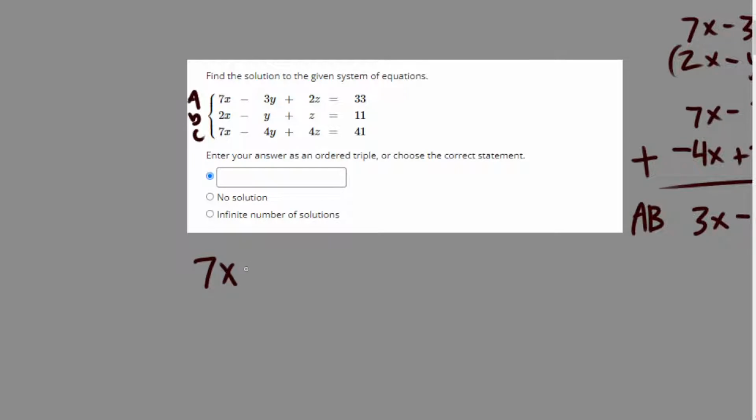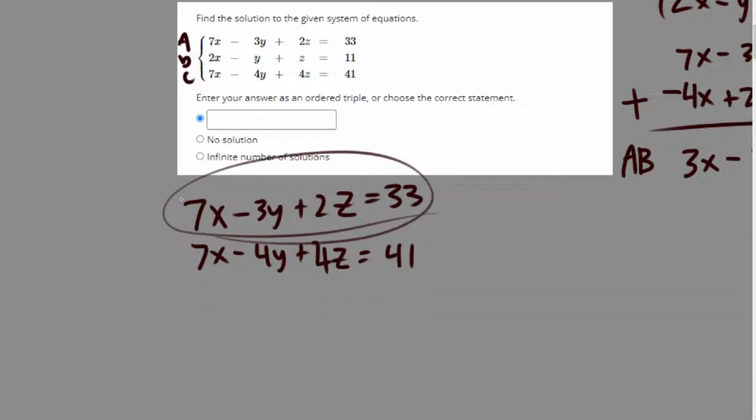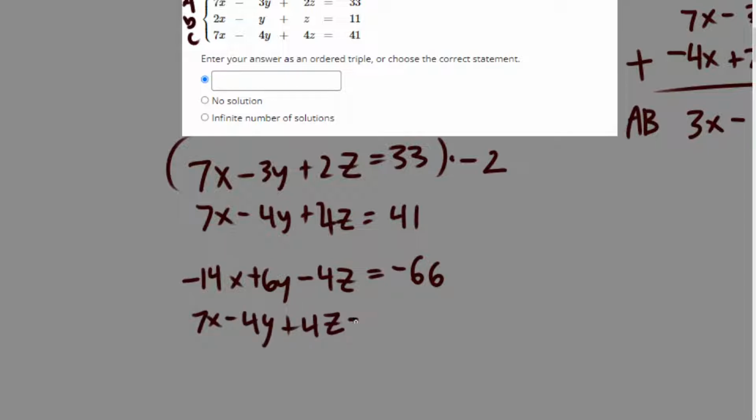So 7x minus 3y plus 2z equals 33, and 7x minus 4y plus 4z equals 41. I'm going to times the first equation by negative 2 so I can delete the z's. So I have negative 14x plus 6y minus 4z is equal to negative 66, and 7x minus 4y plus 4z equals 41.